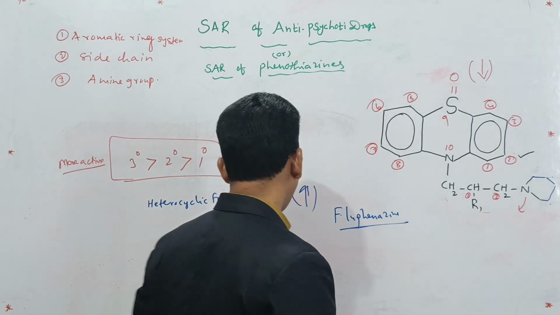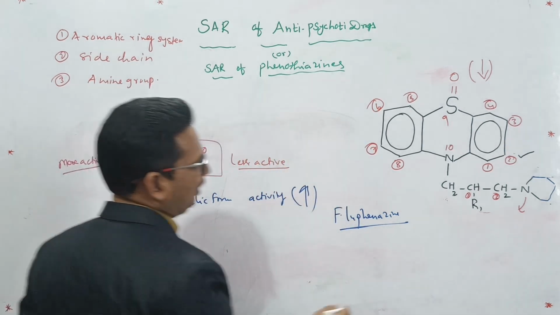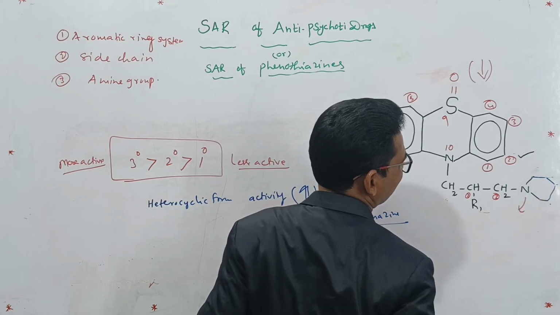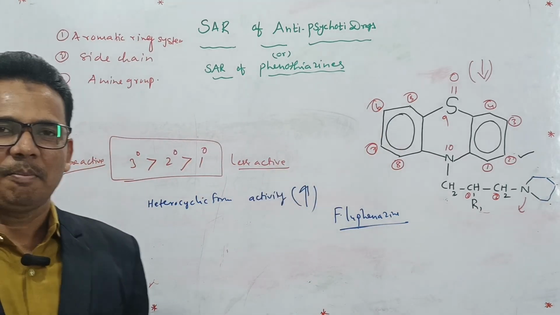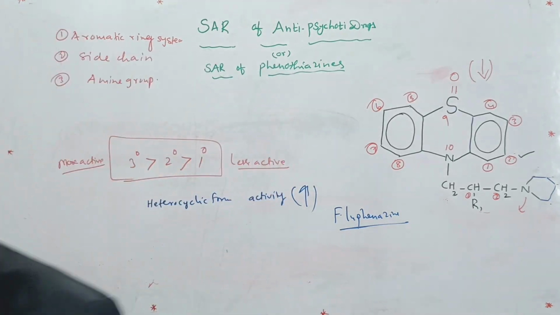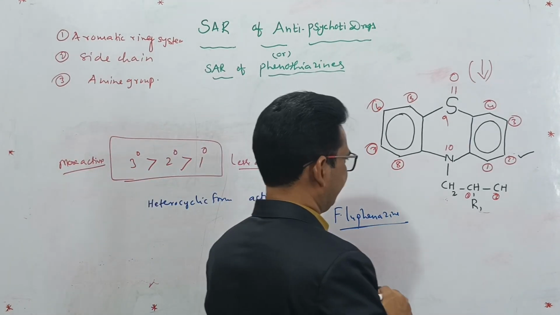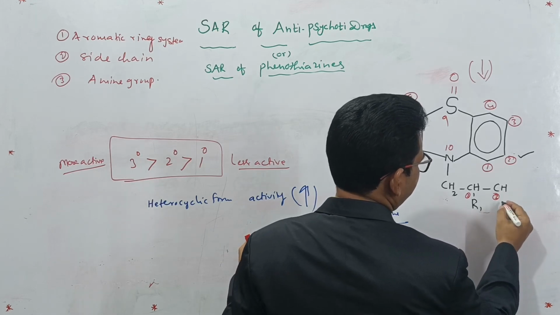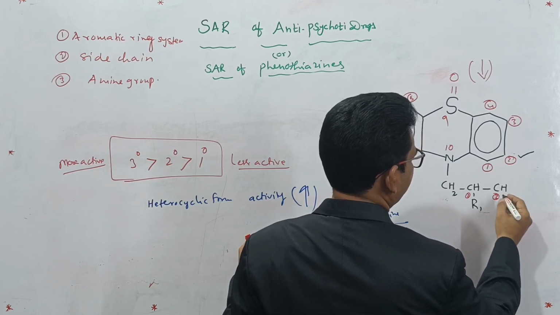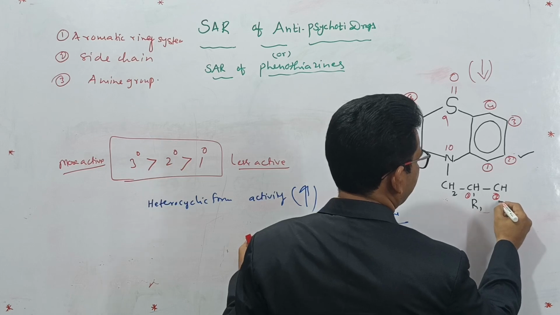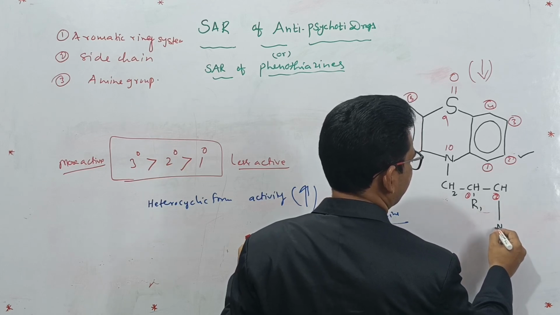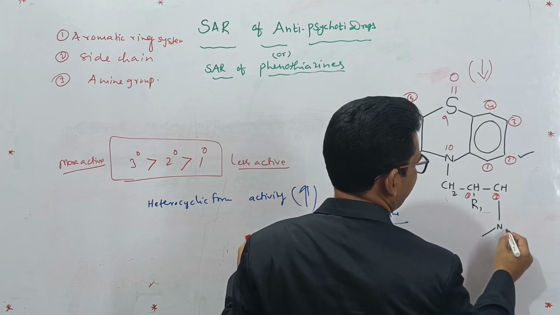In the same way, if you introduce any heteroatom, especially at this para position. Which position? Para position. I will write here. See, when it is going to be cyclized, and what is there? Nitrogen, in the form of tertiary.